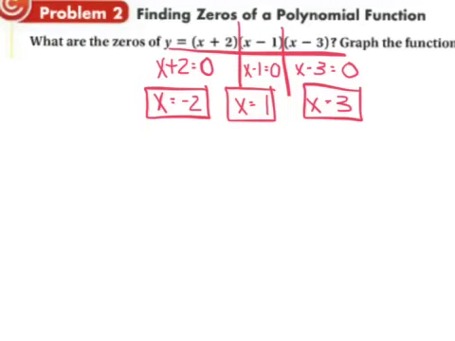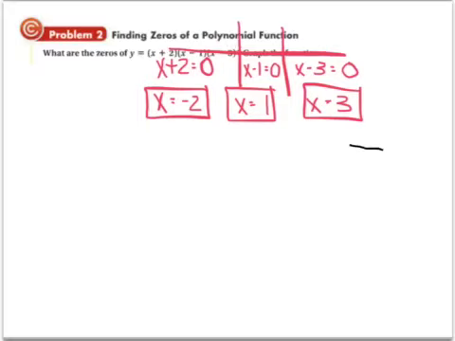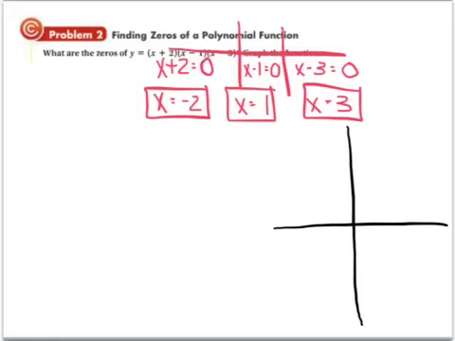Now, if I were to graph this function, all I know right now are the x-intercepts. That's what the zeros are. They're the x-intercepts.